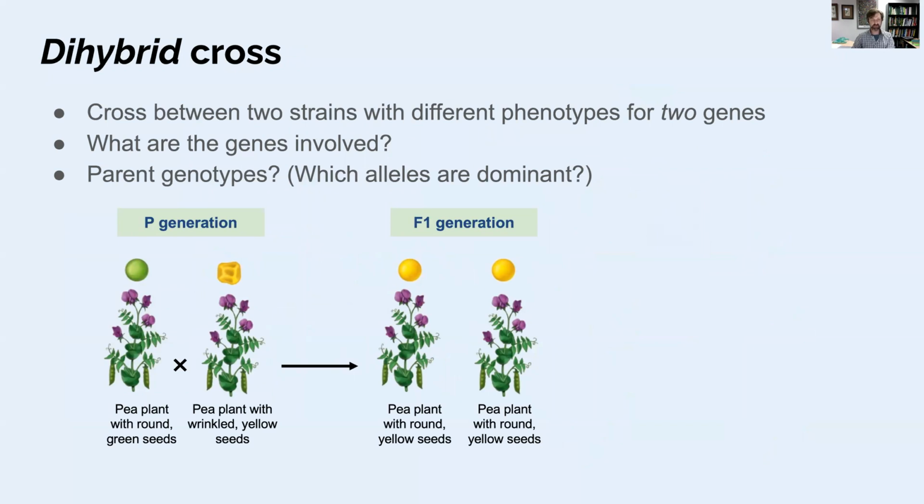So a cross between 2 individuals that initially are different in 2 kinds of phenotypes. So here we have color, green versus yellow, and also texture or roundness, round versus wrinkled.